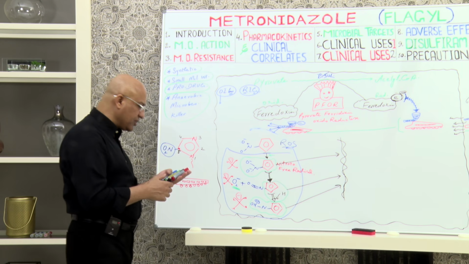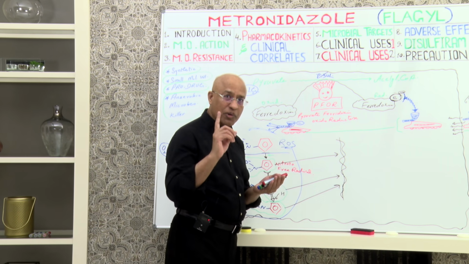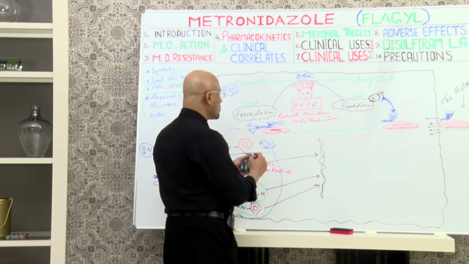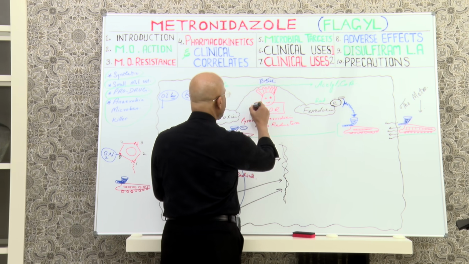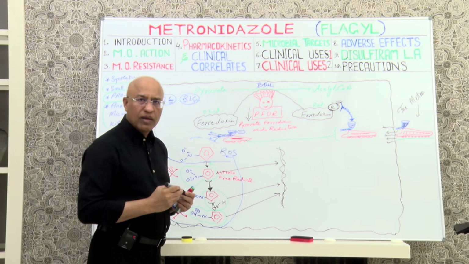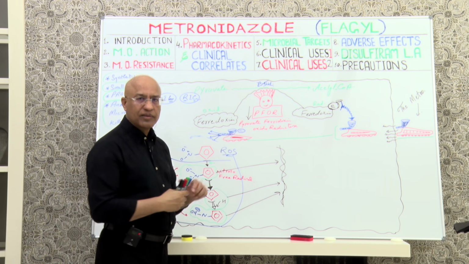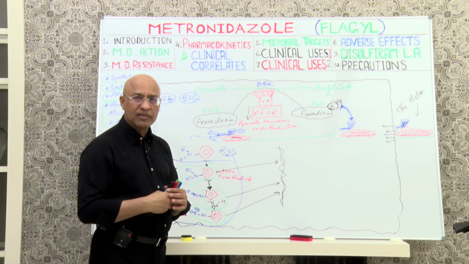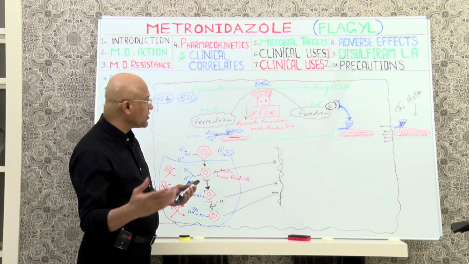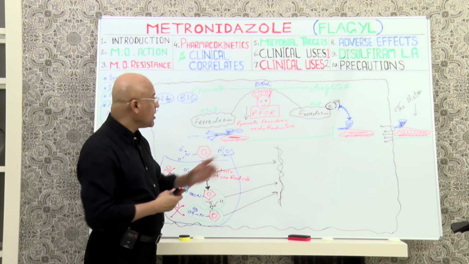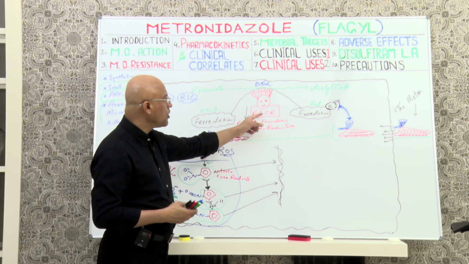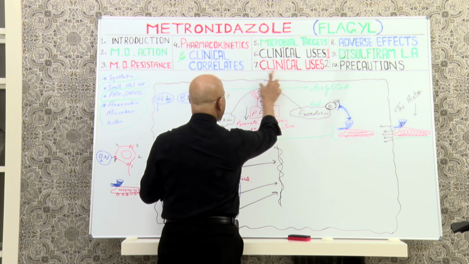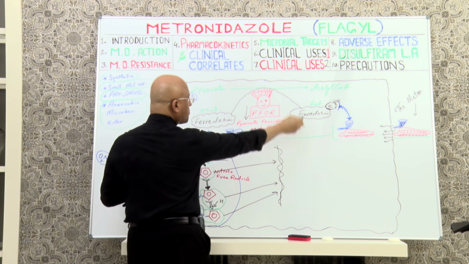The most common mechanism of resistance is that these cells have reduced activity of pyruvate ferredoxin oxidoreductase. For example, the resistant strains of Helicobacter pylori or Trichomonas vaginalis will have reduced activity of PFOR, and they have another enzyme and bypass this pathway.